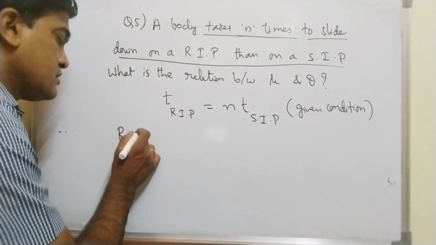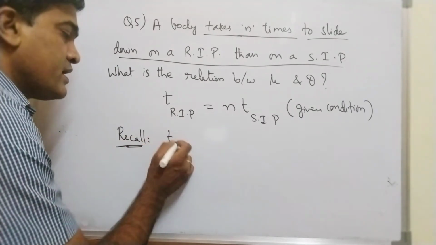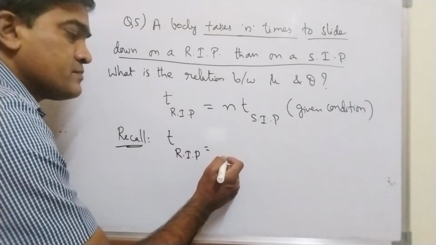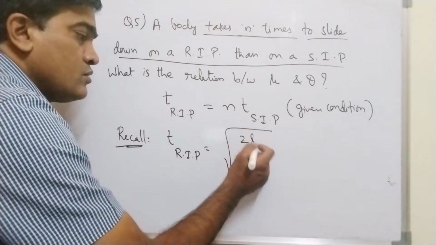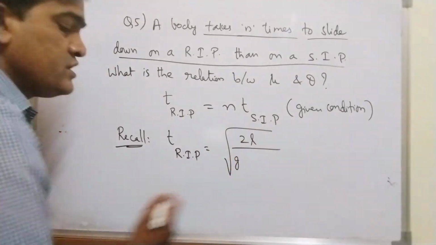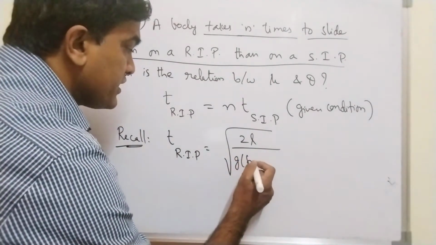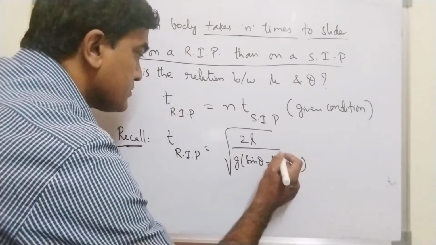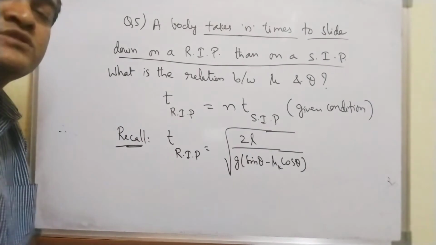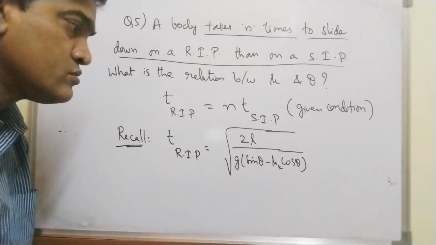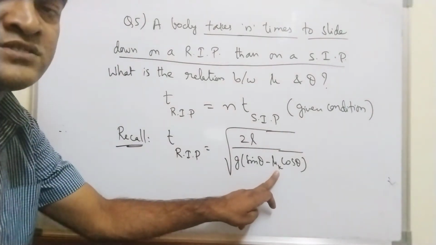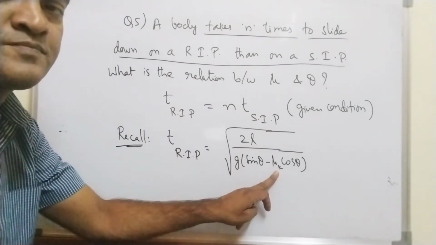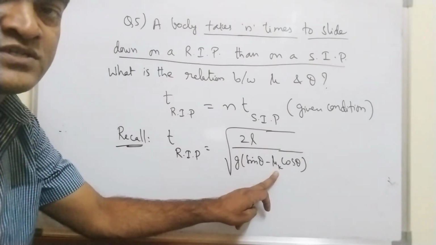Let me write the formula. The time taken to slide down a rough inclined plane is root over 2L by G into (sin theta minus mu k cos theta). For a smooth inclined plane, if you don't remember, you put mu k equal to 0, because a smooth inclined plane deals with frictionless surfaces, the ideal case.